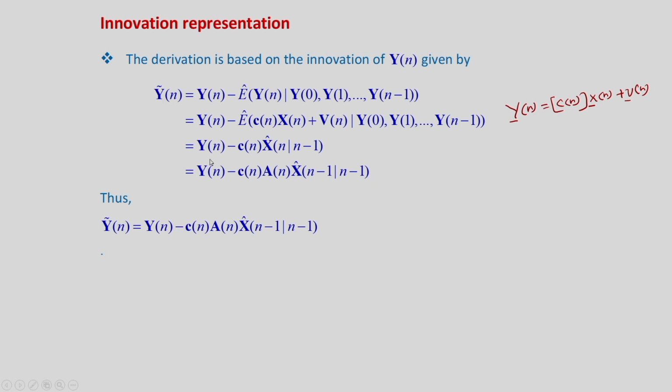Therefore, y tilde n will be equal to y n minus C n matrix into A n into x hat n minus 1 given n minus 1. This is the previous estimation. Thus, we have obtained the innovation of data, given by y tilde n is equal to y n minus C n into A n into x hat n minus 1 given n minus 1. So, this has come through the model.